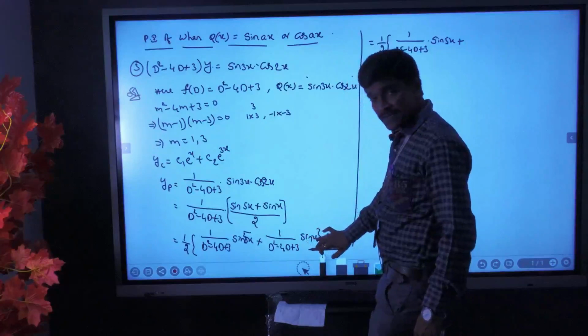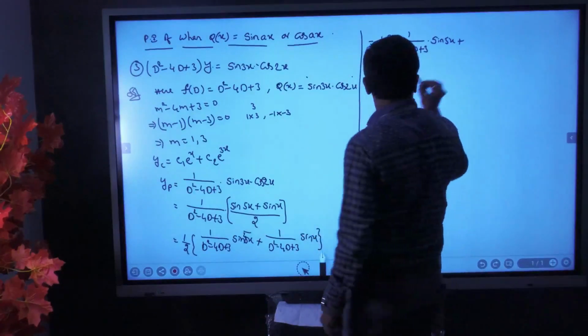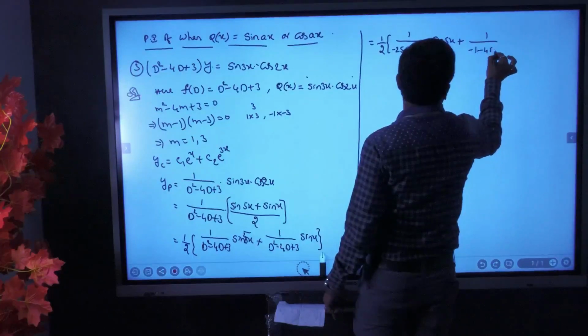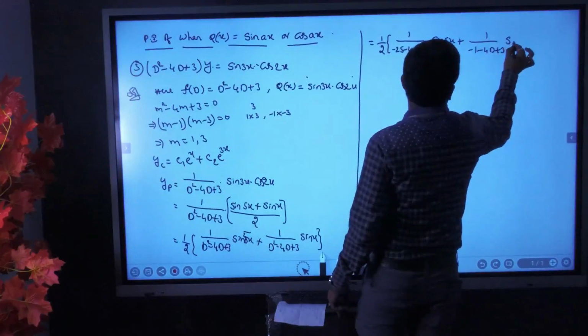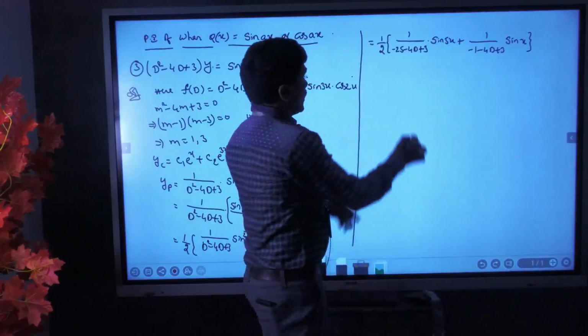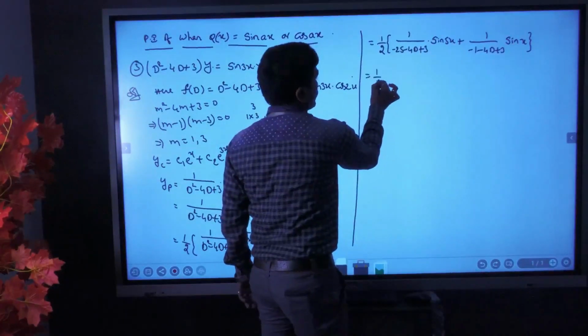So that's why here write sin x, where a is 1. So replace d square with minus 1. So here minus 1 minus 4d plus 3 into sin x. Right? Now write 1 by 2.